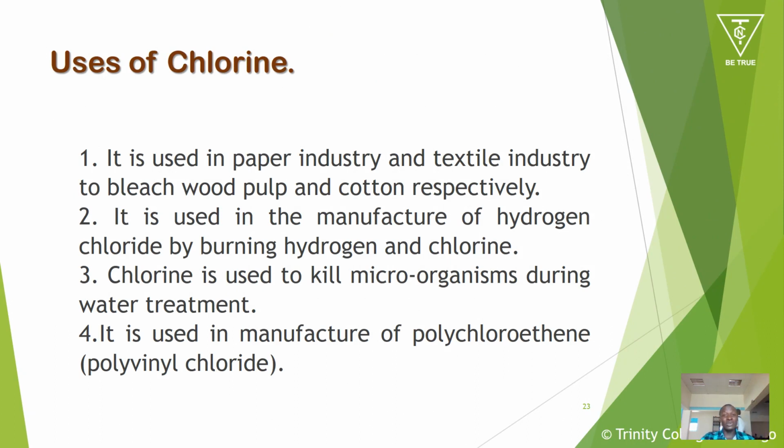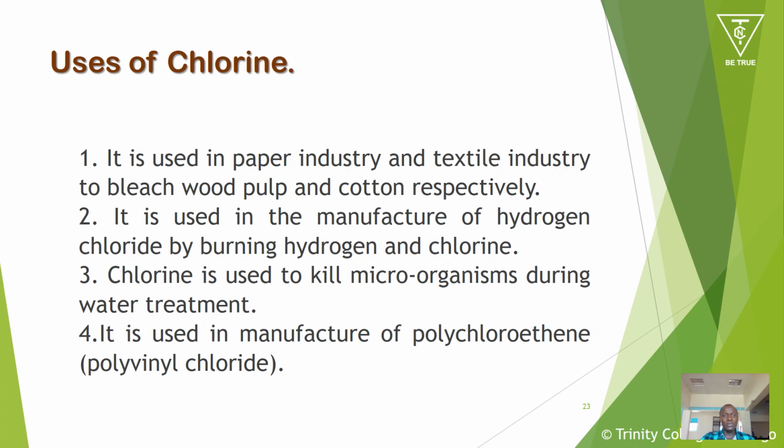What are the uses of chlorine gas? Chlorine gas is used in the paper industry and the textile industry to bleach. It is a bleaching agent, and therefore it is used for bleaching in the textile industry for making clothes, and also in making paper for bleaching wood pulp.